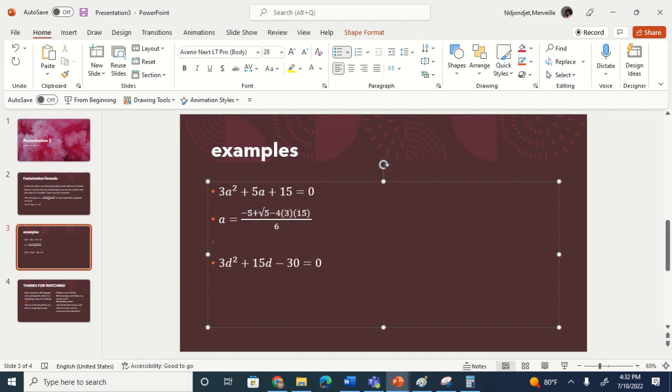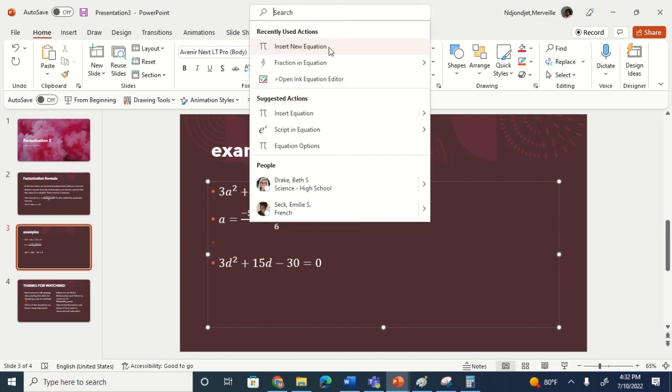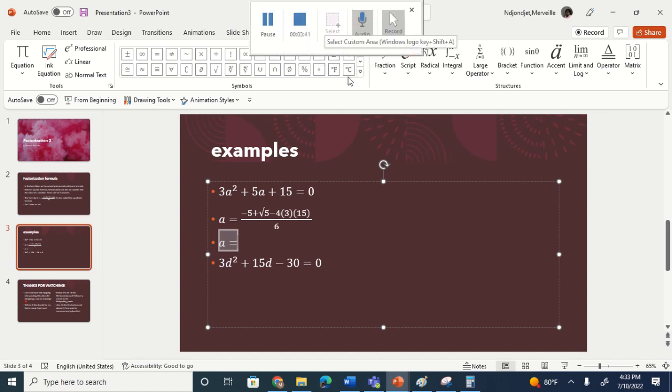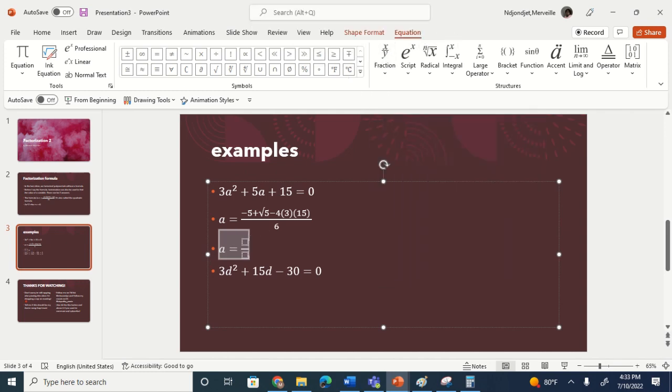So now, the next thing that I'm going to do is solve this up. Let's put in fraction.